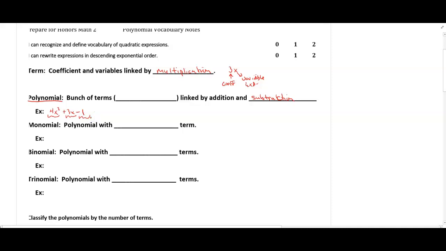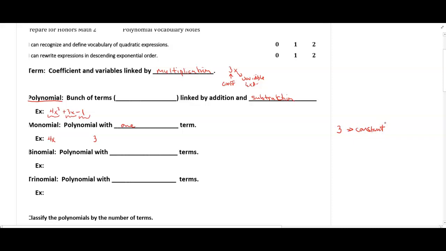Okay. So in this, we have names for certain polynomials, right? If we have a polynomial with one term, that would be a monomial. So an example of this would be like 4x. Another example would be like 3. Anytime you have a polynomial with one term and it's just a number, this is referred to as a constant. Okay?